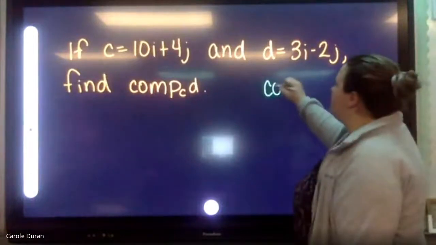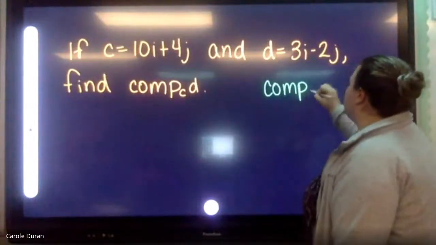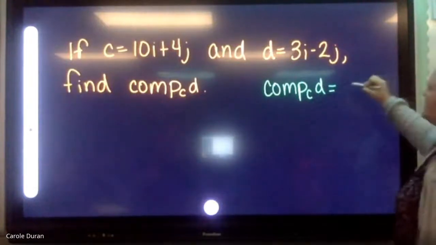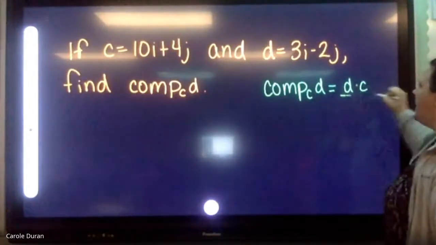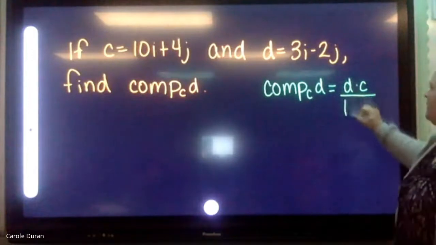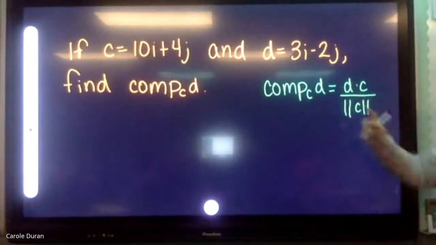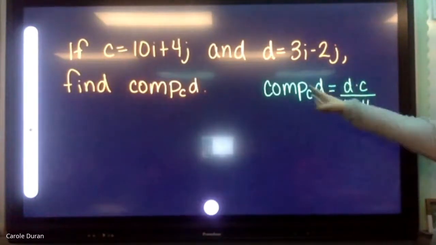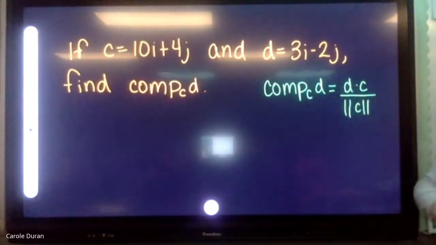And this says that the component of D on C is going to be the dot product of the 2 vectors divided by the magnitude of whatever my vector is on. So this one is on C, so it's magnitude of C.